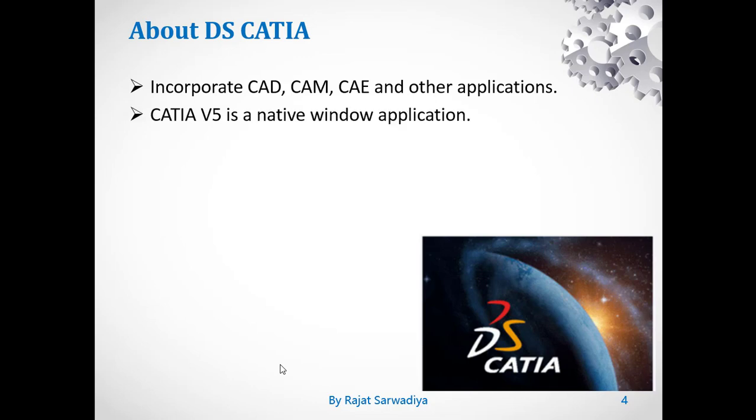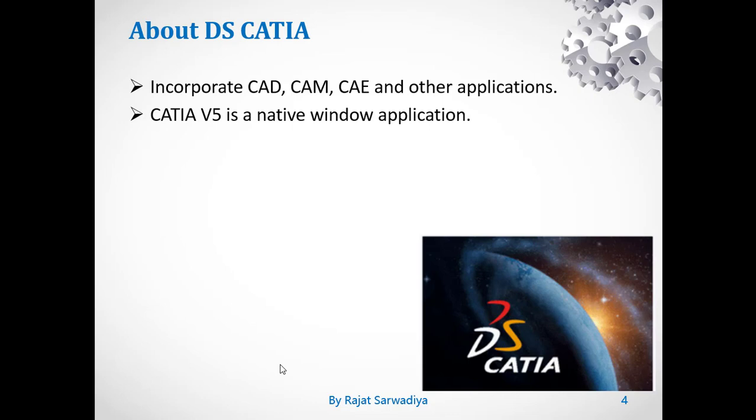CATIA V5 is a native Windows application. CATIA has many versions released by Dassault Systems, but CATIA V5 is a native Windows application. V5 is for version 5. There is CATIA V6 as well, which is the latest one, which is also named 3D Experience.